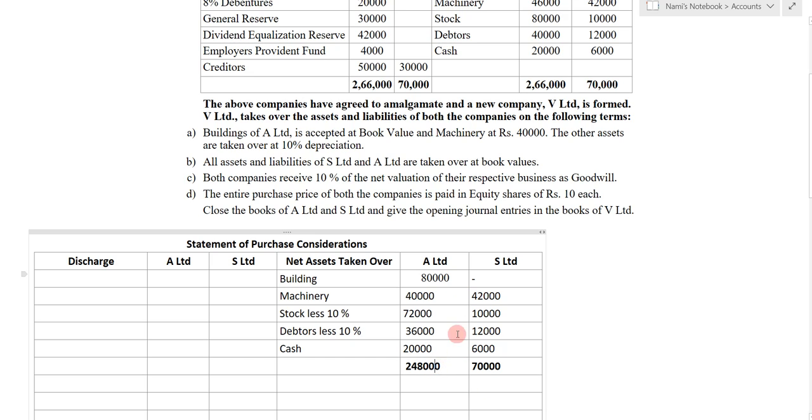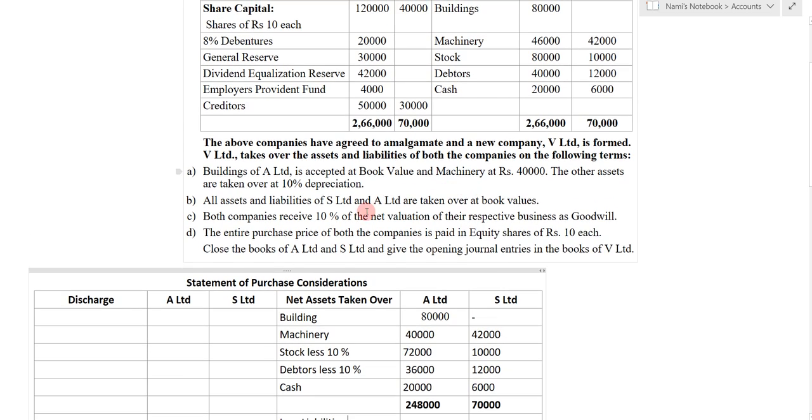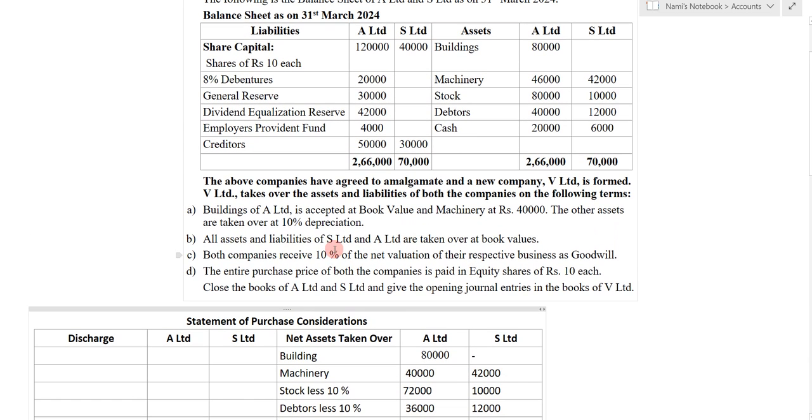Now from these assets we have to less the liabilities. Now for liabilities we have to take the liabilities of S Limited and A Limited at the book value.